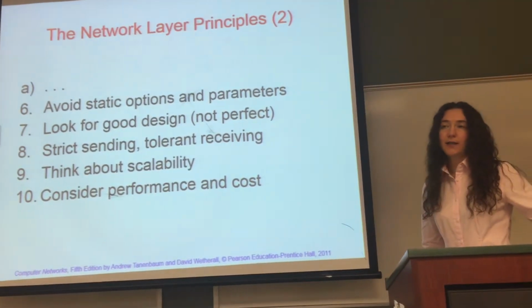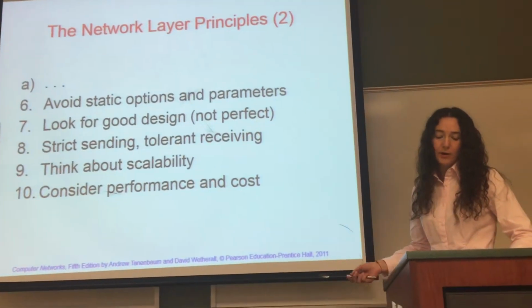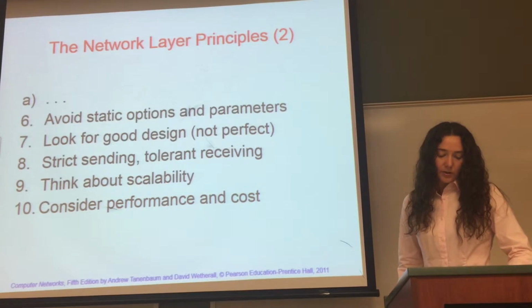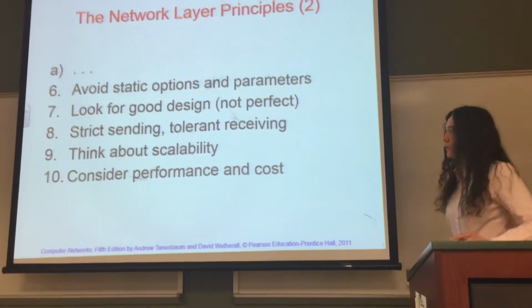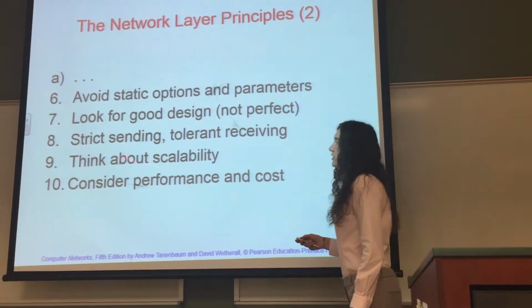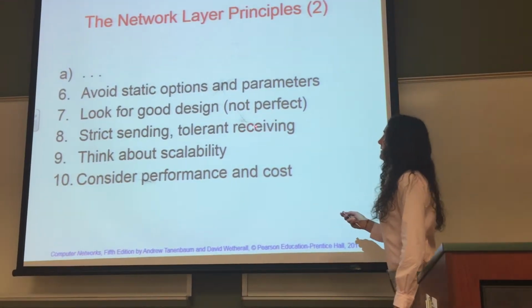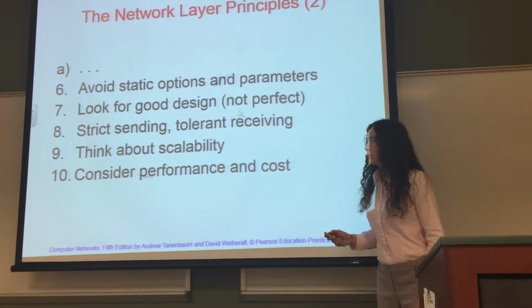In other words, let them handle their own issues and program whatever parts they need to change for themselves. Strict sending, tolerant receiving. This means we always follow the rules when we generate packets, but we expect that the packets we receive may not be following the rules.